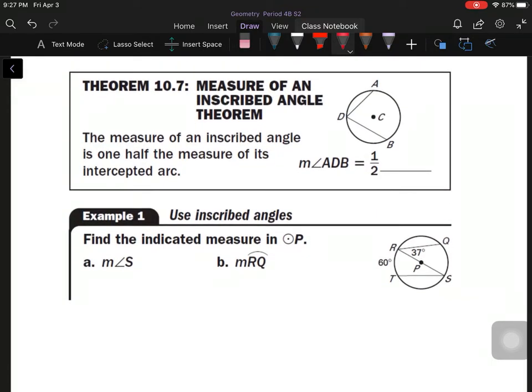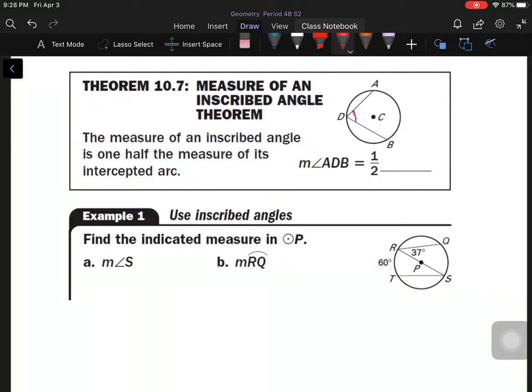Okay, so measure of an inscribed angle. We're going to go through a few different ones of these over the next couple lessons. The pattern that you're going to see is you're going to see a half with a lot of them. So the angle measure is half of the arc measure.